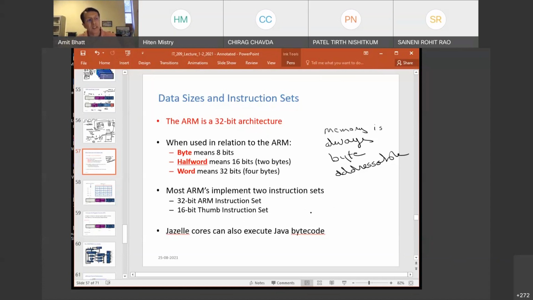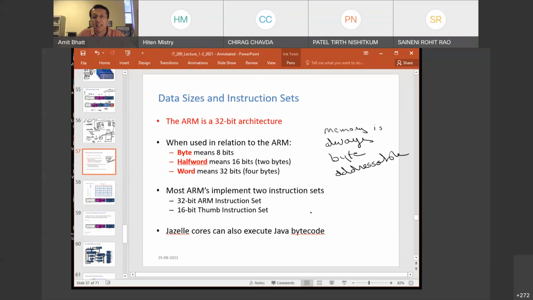Now, when it started, I mean, this is 1990s stuff, the thumb instruction set was used very extensively by low value electronic products, for example, if you want to make a toy or a toaster or something. You just want to put in a 16-bit memory.